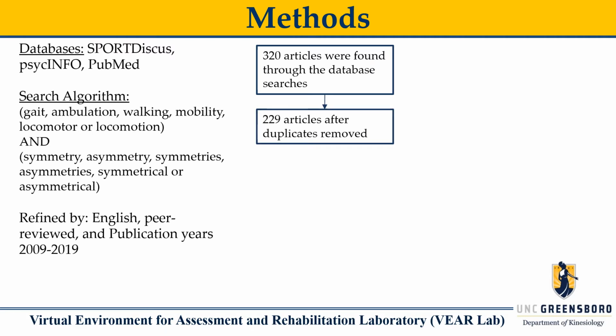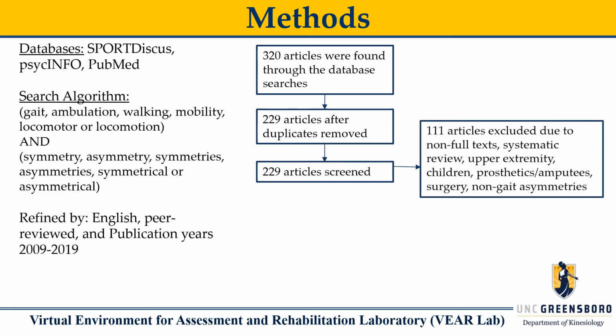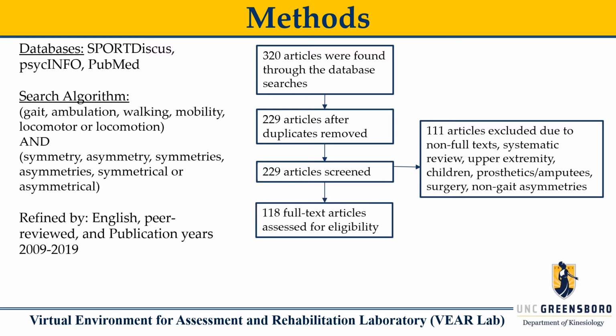After removing duplicate articles, we were left with 229 articles. We screened the 229 articles and focused on adults, lower extremity motion, and asymmetrical gait. So 111 articles were excluded due to non-full text, upper extremity motion, children, prosthetics, surgery, and non-gait asymmetries.